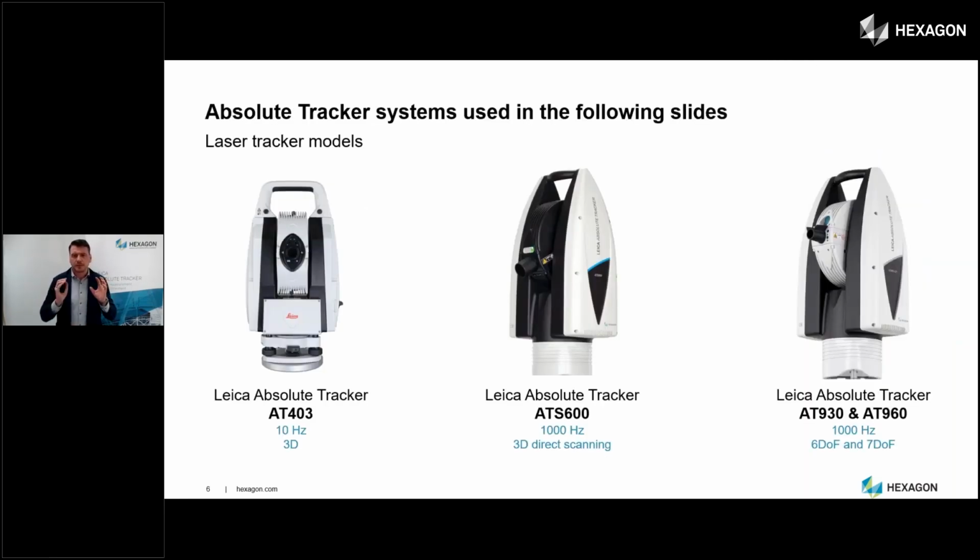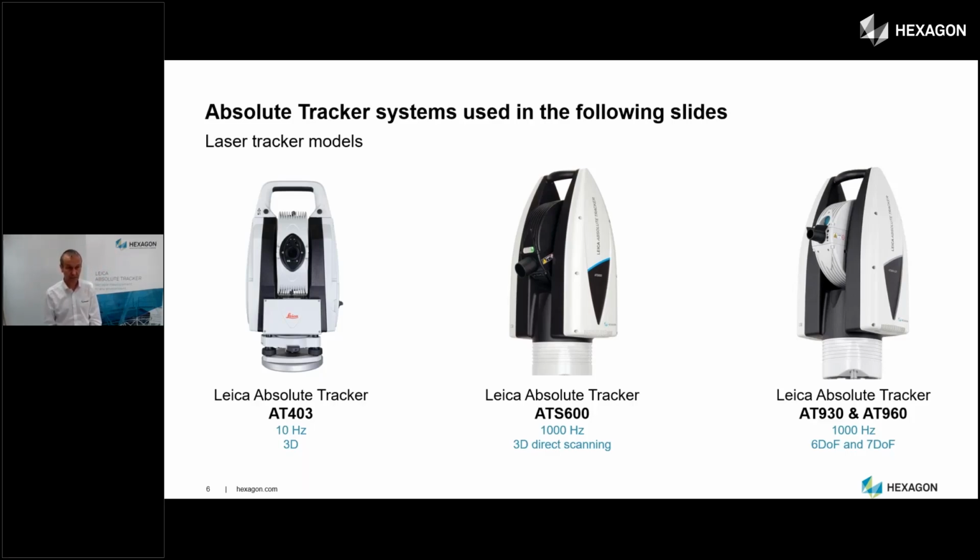For the tracker portfolio, I would like to hand over to Nick to give you a small introduction into the laser tracker world. Yes, so this is our portfolio of laser trackers, three different models, all of them with nice capabilities. Let's start from left to right, the AT403. This is our most portable system, our entry-level laser tracker, and very well suited for instance for the application of roller alignment.